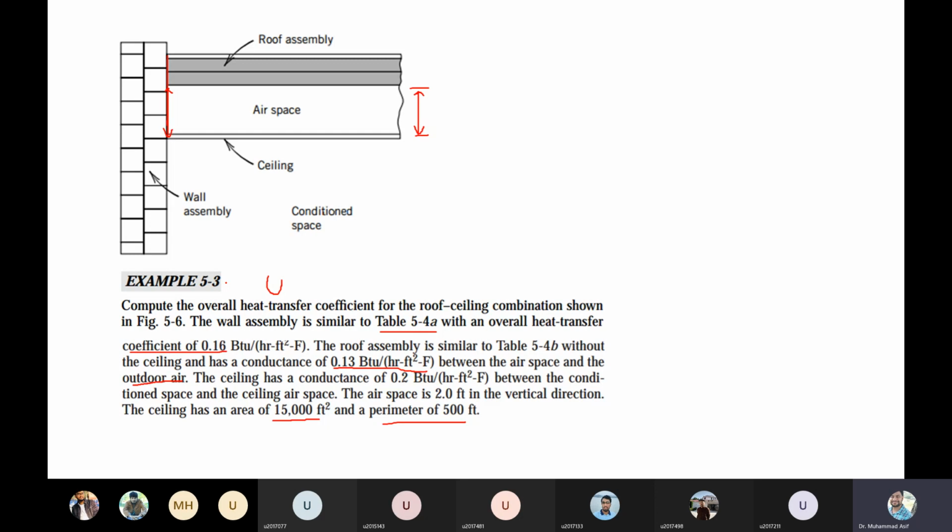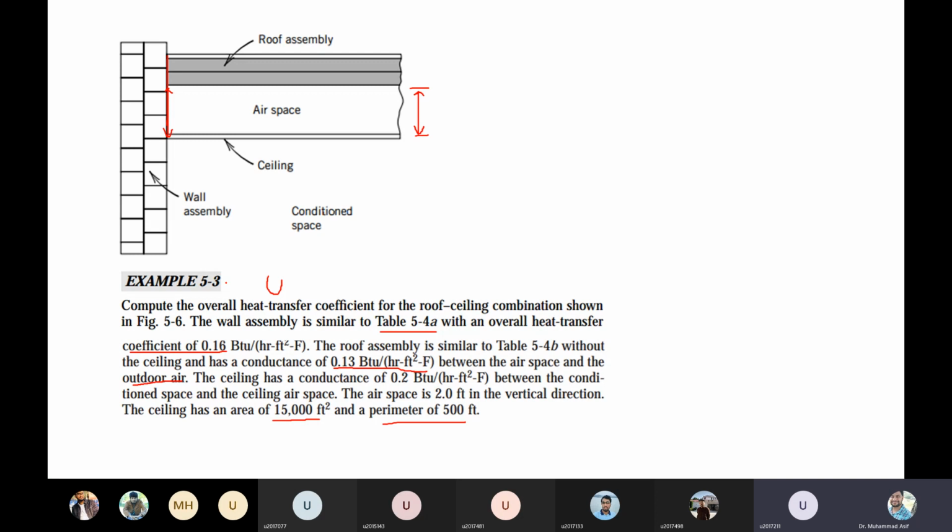What about the wall and the roof? Hello, Assalamualaikum, sir. Yes. Sir, I think the wall will be in parallel to the roof, and the roof, airspace and ceiling are in series together. Yes, that's right.